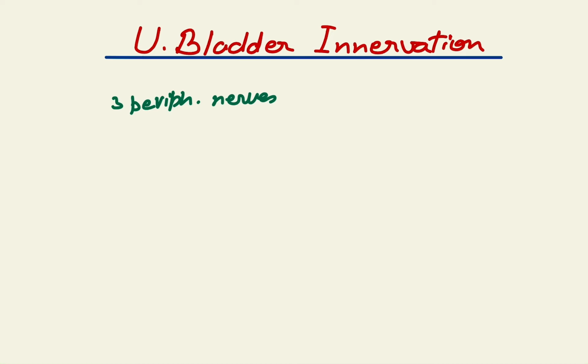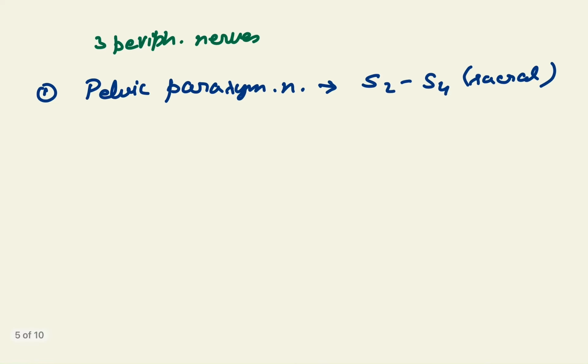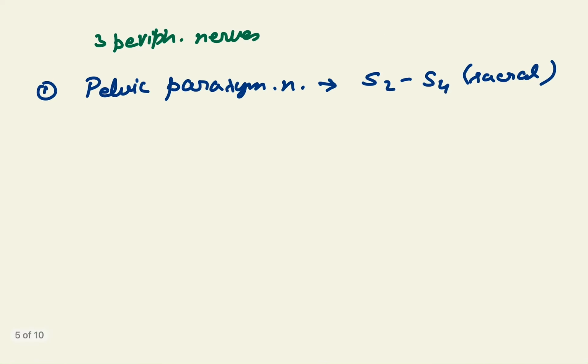Now what are they? Number one is the pelvic parasympathetic nerve supply, the pelvic parasympathetic nerves, and these nerves have the root value from S2 to S4, that is the sacral segments. These sacral segments supply the urinary bladder.